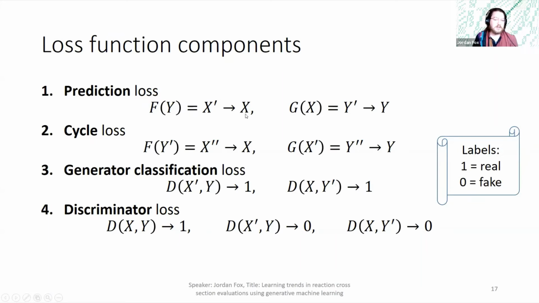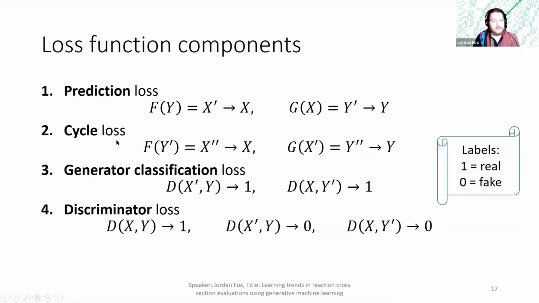That should be going to X. Likewise, the generator G will take in X and it will make a prediction for Y, and that should go to Y. So this is basically just saying the predictions made by a generator taking one cross-section to that output cross-section should be accurate to what is in the data.